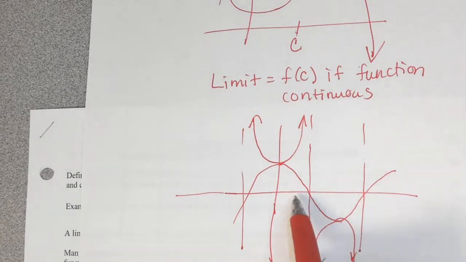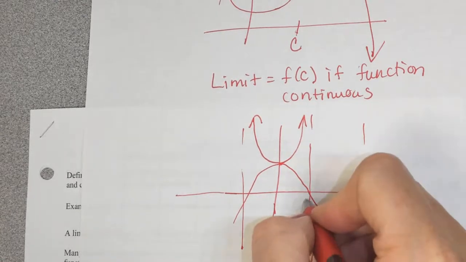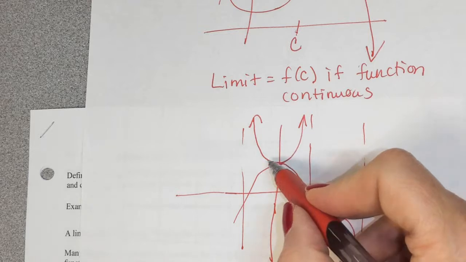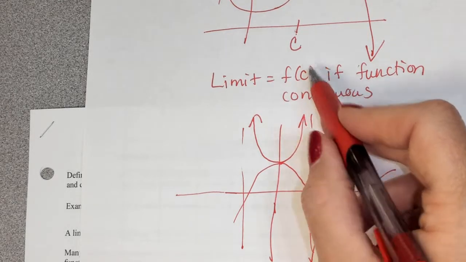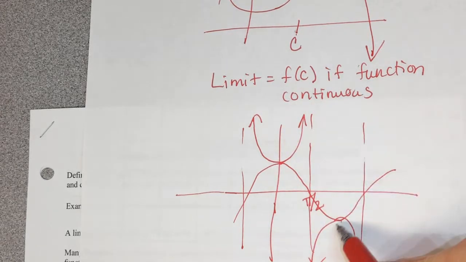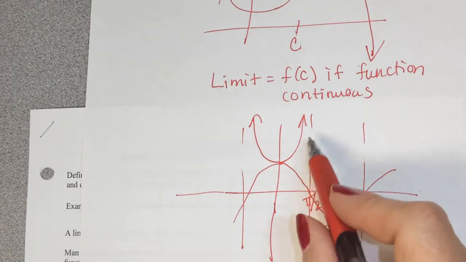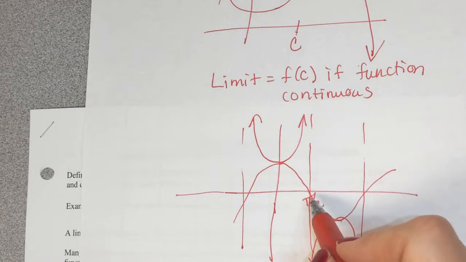If I asked you for the limit as you approach pi over 2, can you see how the y value shoots way up as I approach pi over 2 from this side, and goes way down as I approach pi over 2 from this side? So there's no specific value there that I can say.